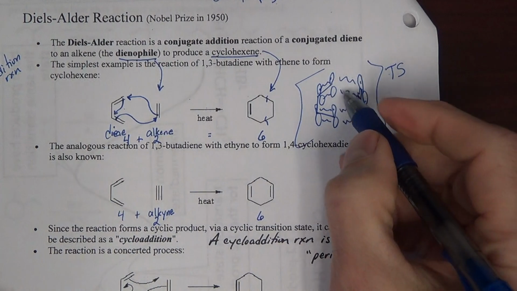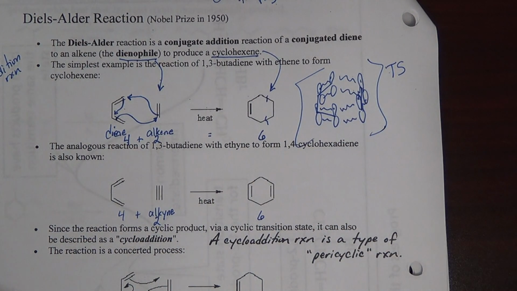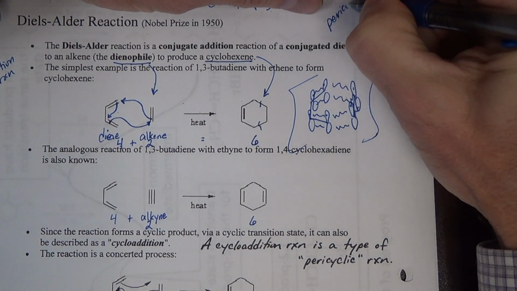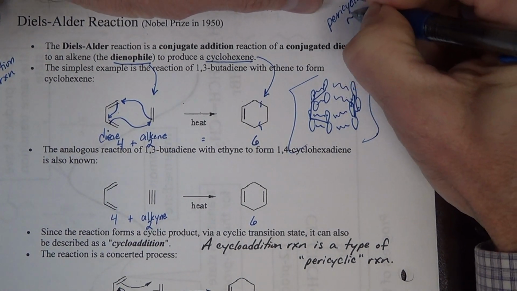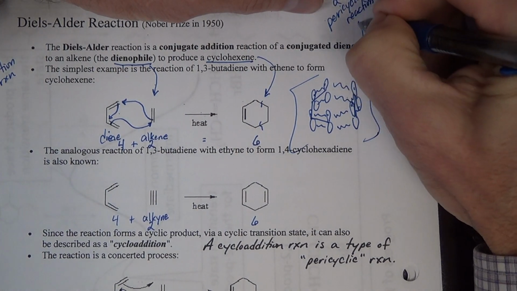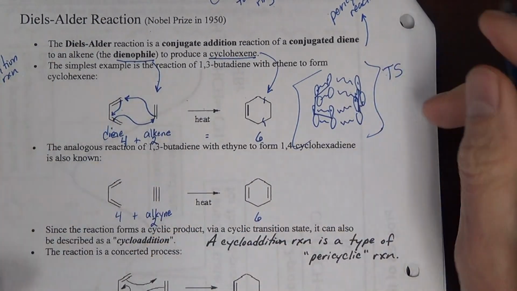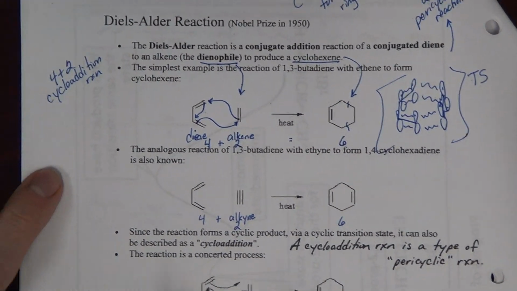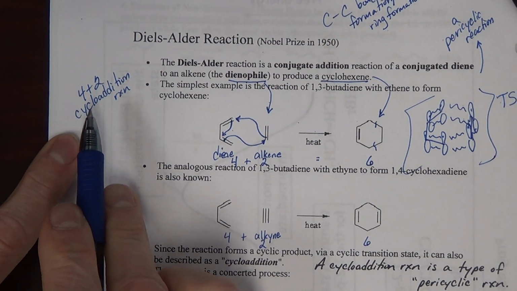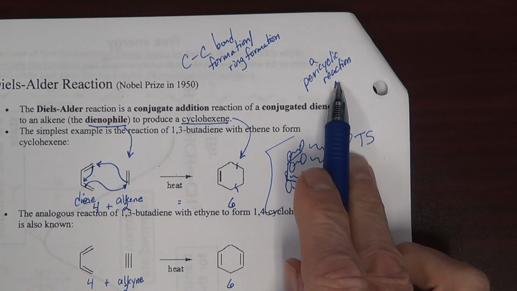But by the way, when you have a cyclic transition state, that's called a pericyclic reaction. You can look these terms up. Okay, cyclic transition state, and a cycloaddition reaction is a precise example of a pericyclic reaction.